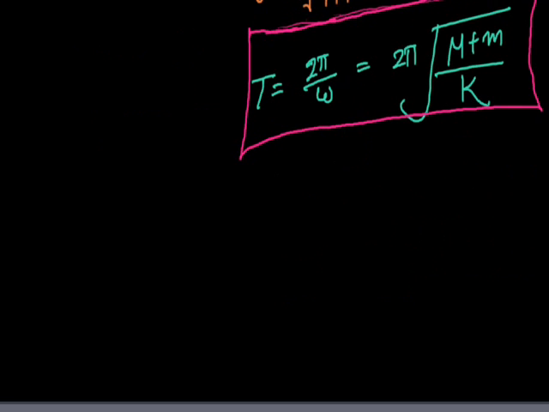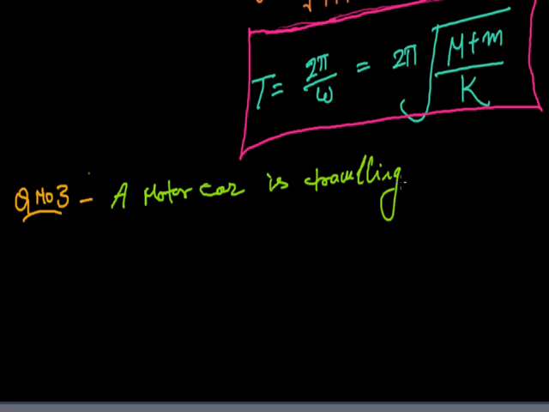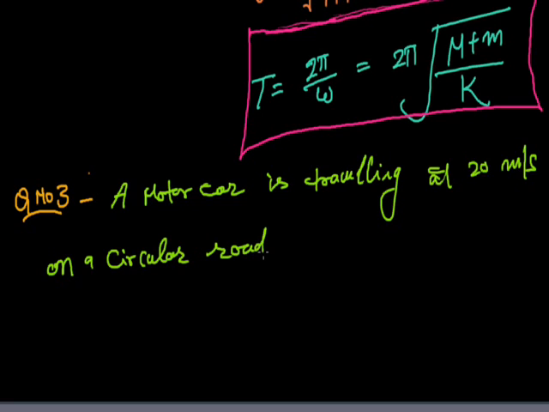Next, third question is question number 3. A motor car is traveling at 20 meter per second on a circular road of radius 100 meter.